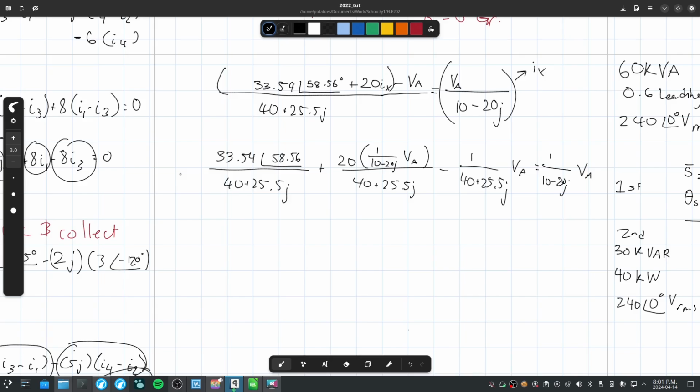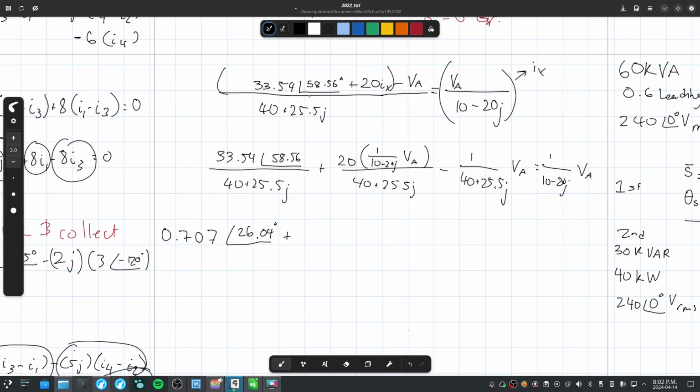Oopsies. I need to change my calculator, I left it on rect form. 0.707 with a phasor of 26.04 degrees. So that's that part.